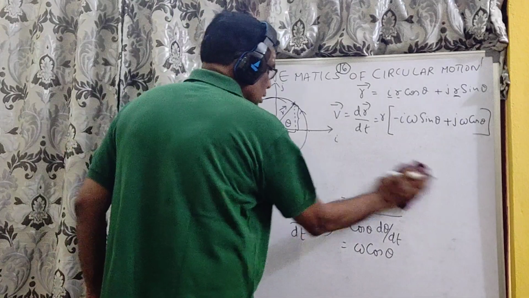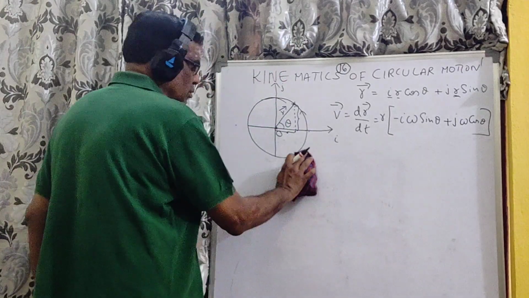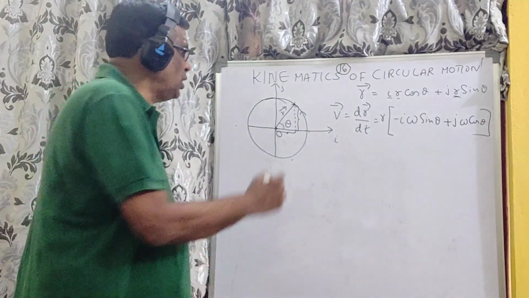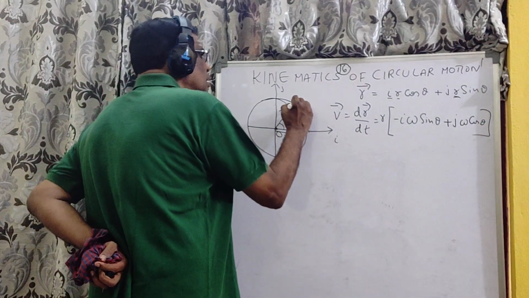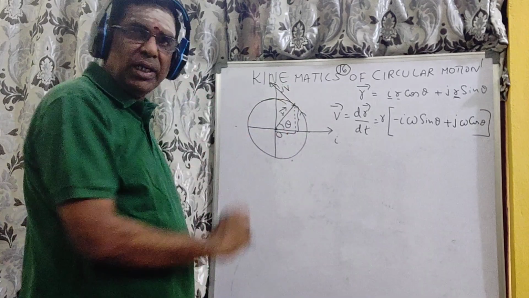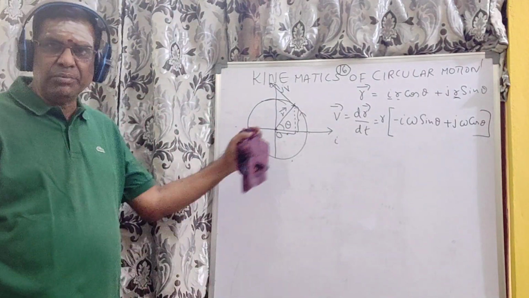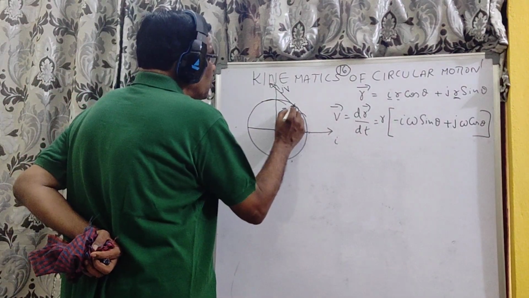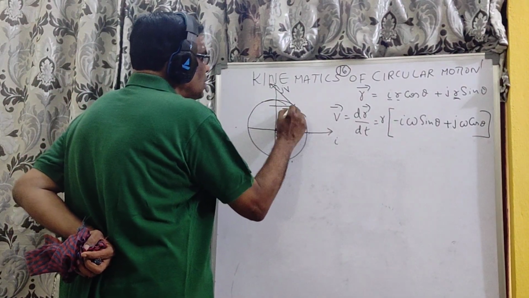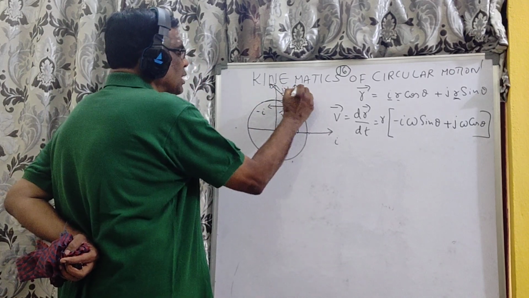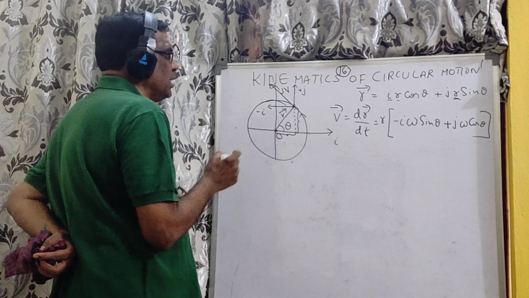Look at that. Now I have derived this velocity. How is velocity here? This is tangential to the circular path. This I am sure you are aware. Now if I want to resolve this into components, this is minus i, this is plus j.